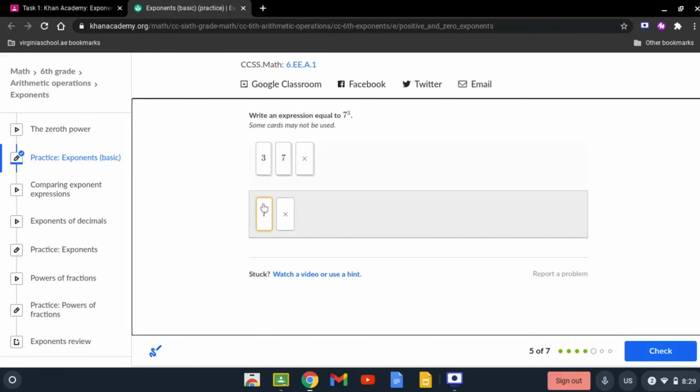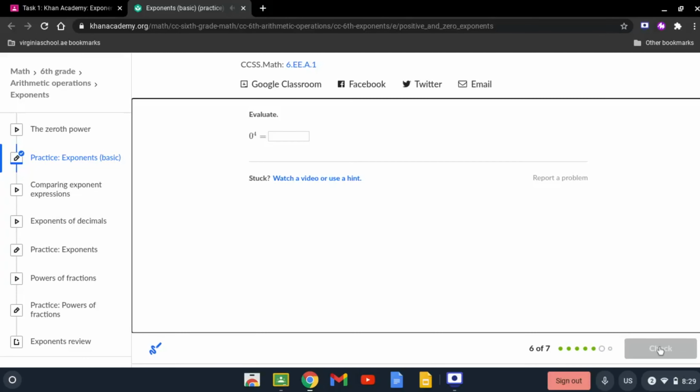We should repeat this step 3 times. As you can see here, the number above is 3. So we're going to do it again. Here is the second time. So 1, 2, and then 1 more, 3. So 7 times 7 times 7. Let's check. Correct.